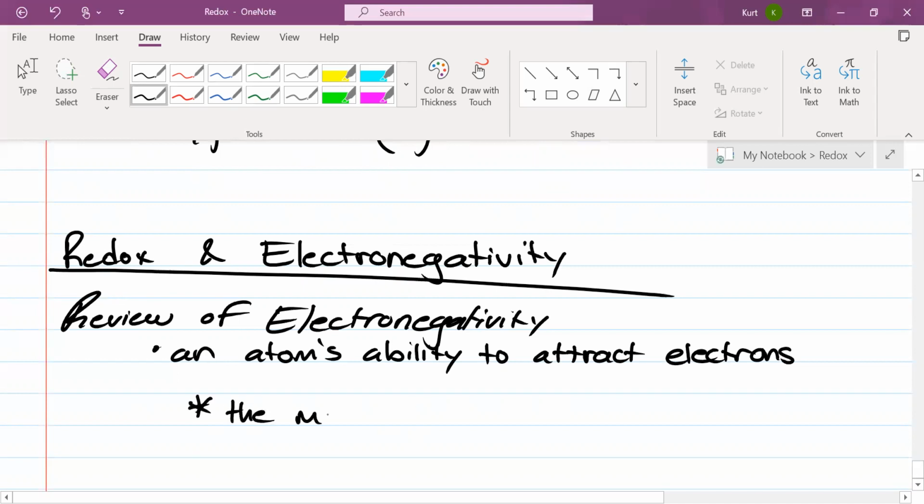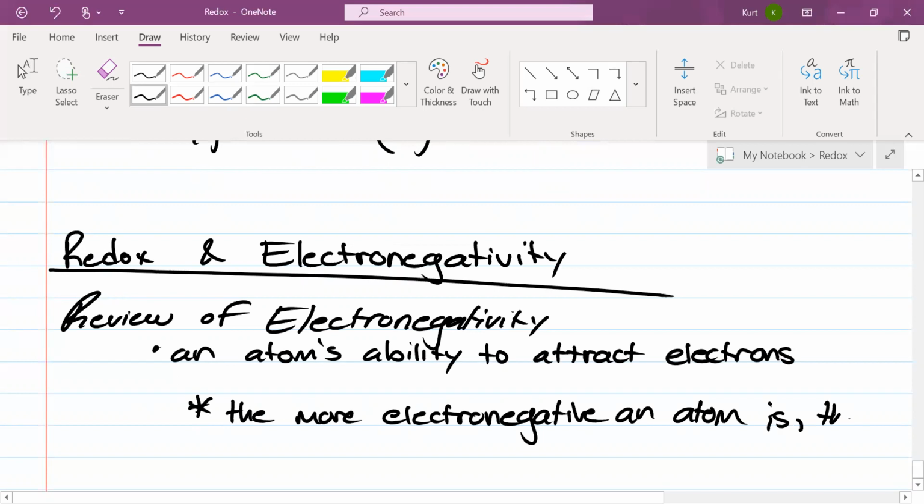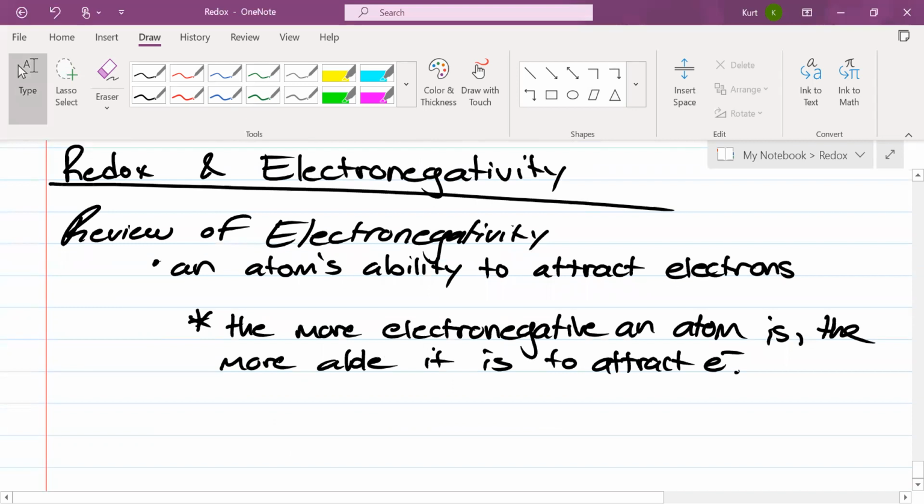The more electronegative an atom is, the more able it is to attract electrons. We did electronegativity way back in the first semester, maybe the first quarter. So it's been a while.